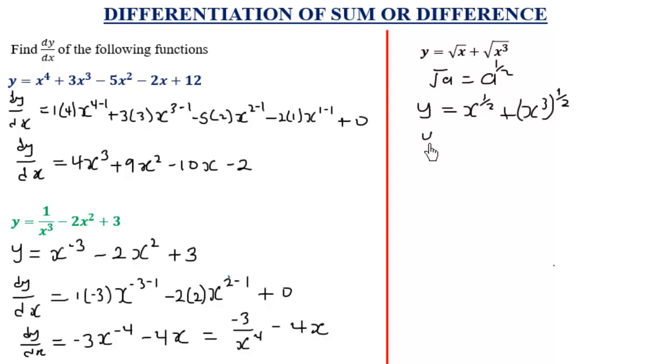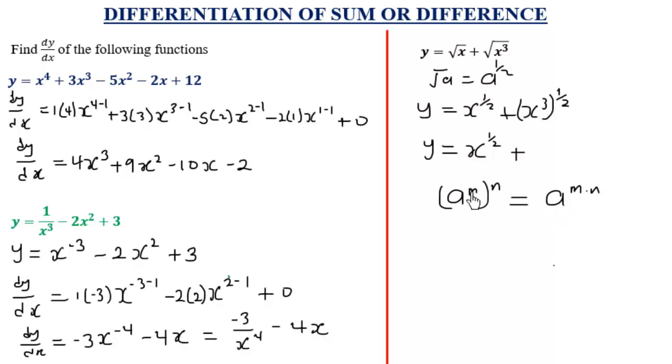So let's keep on writing. So y is equal to x to the power half plus, now we are going to multiply this. So from indices, whenever you have a to the power m, all raised to the exponent n, it is going to be a to the power m multiplying the n.